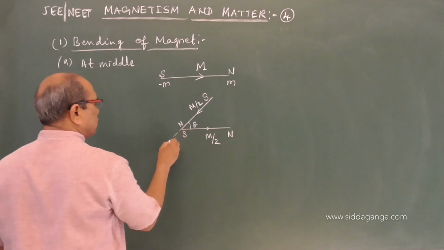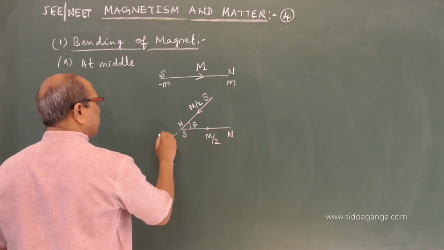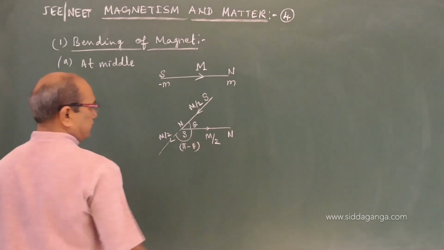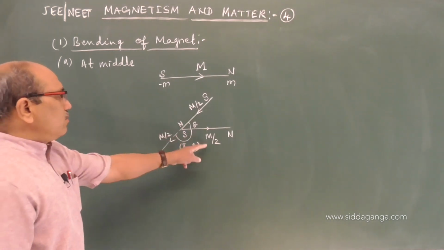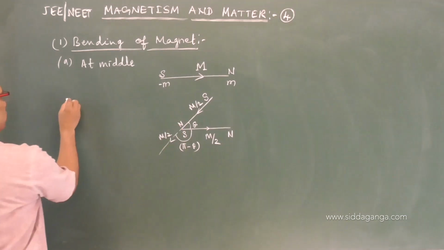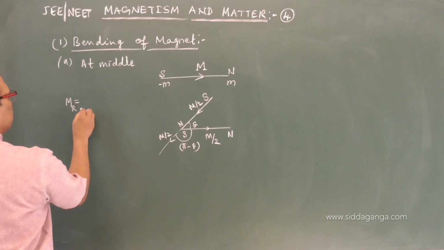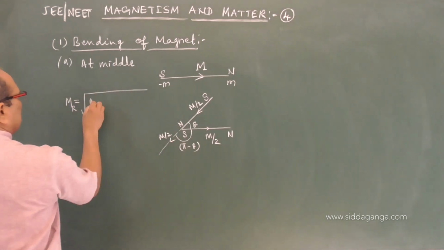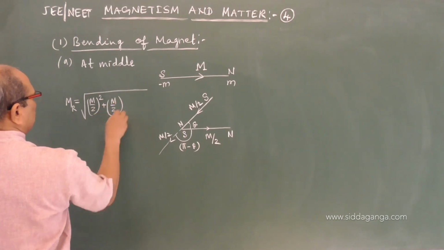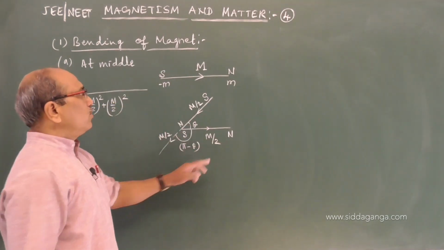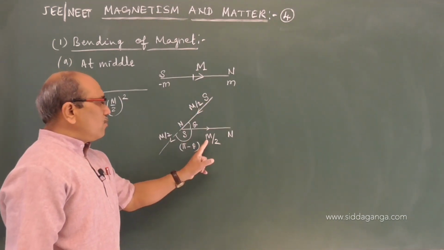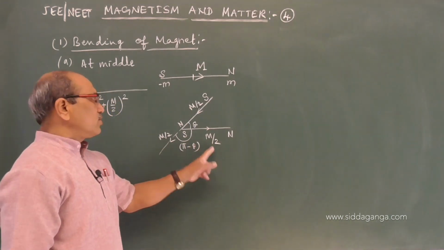And the angle comes to be, if it is M by 2, this angle is pi minus theta. However, the magnetic moment relation can be used for unlike poles together. We use the relation for the resultant, which is equal to root of M by 2 whole square plus M by 2 whole square. We bend at the middle, which means length decreases to half, therefore moment decreases by 2 times, M by 2, M by 2.